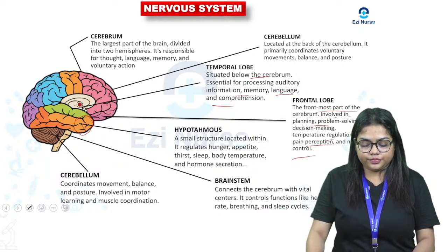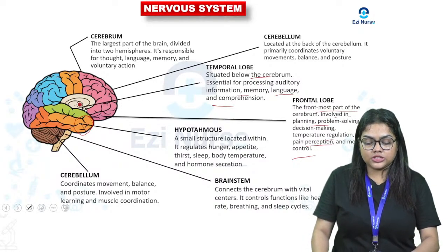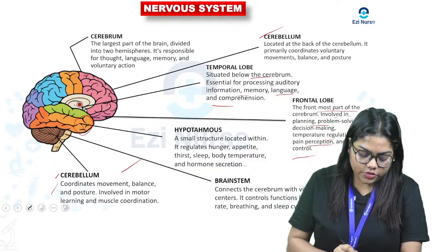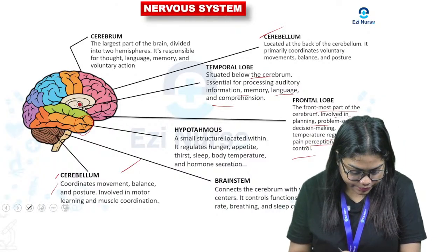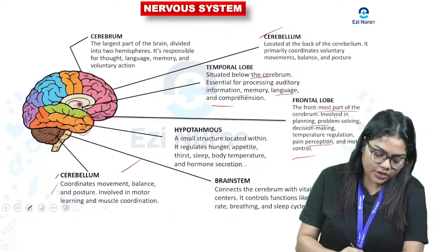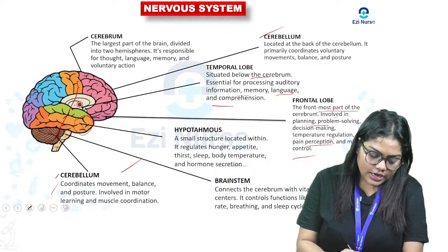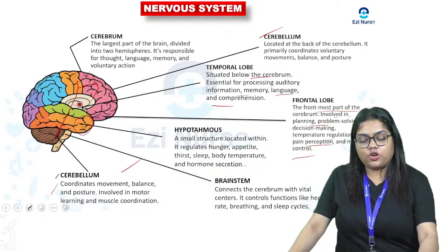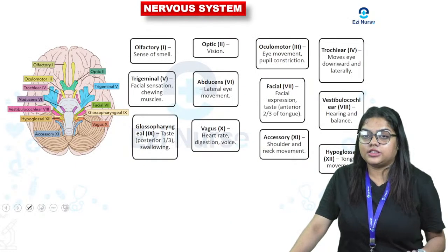Lastly we will see the cerebellum. I have already discussed it, but this is very important, so remember it. It coordinates movement, balance, posture and is involved in motor learning and muscle coordination. So this is about the nervous system.